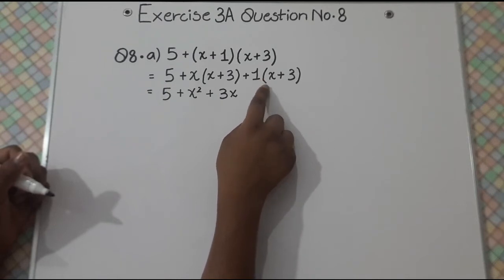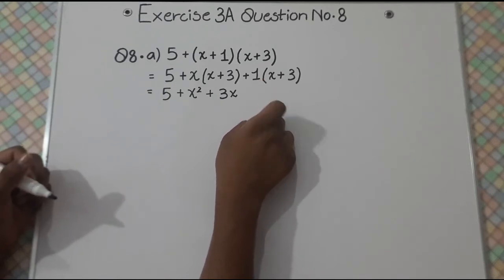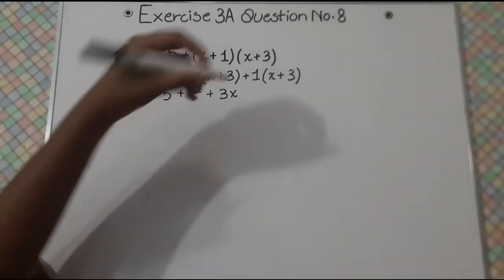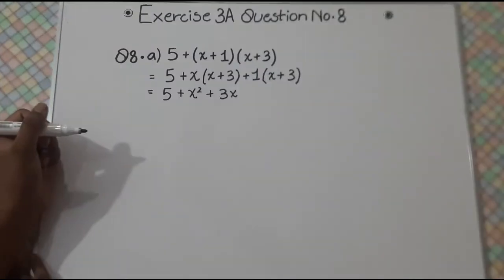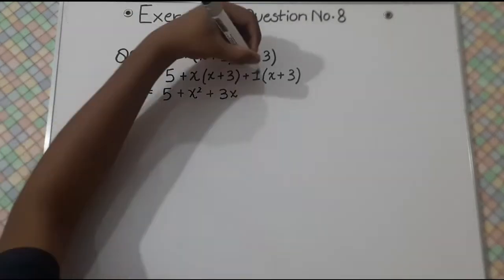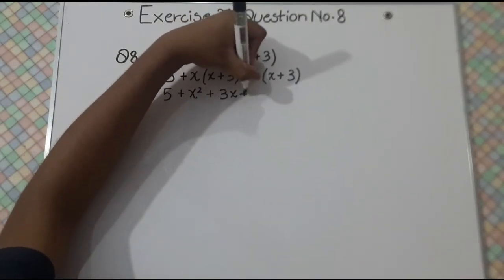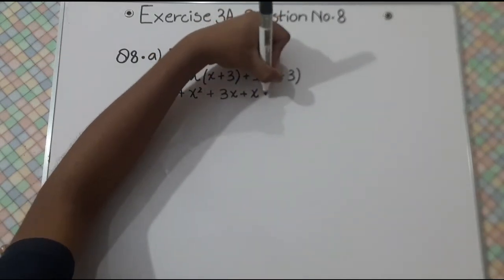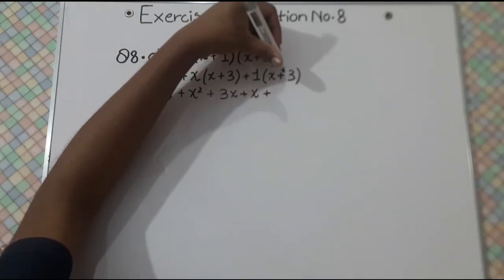So 1 multiplied by x is 1x and 1 multiplied by 3 would be 3 and the sign would be positive. 1 multiplied by x, we could write as 1x also, but I am going to use it as x. So plus x plus 3.